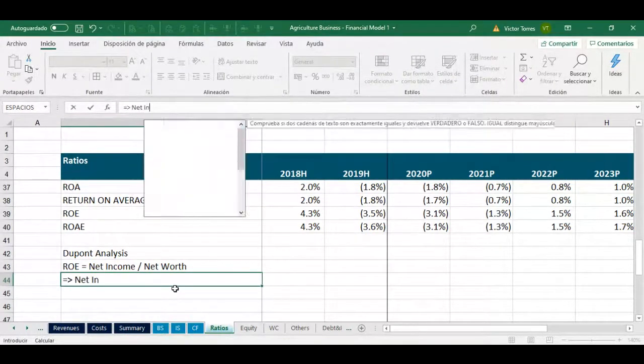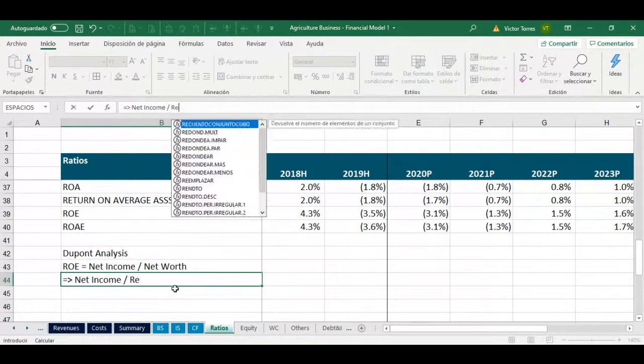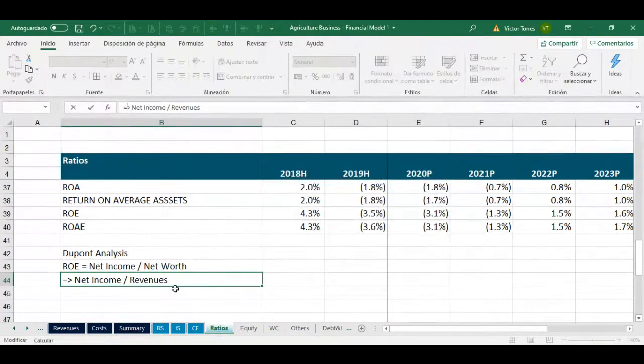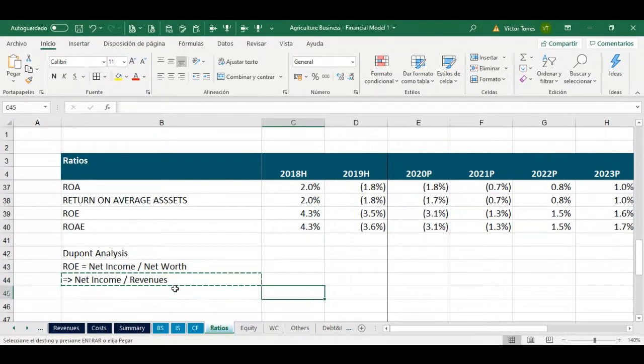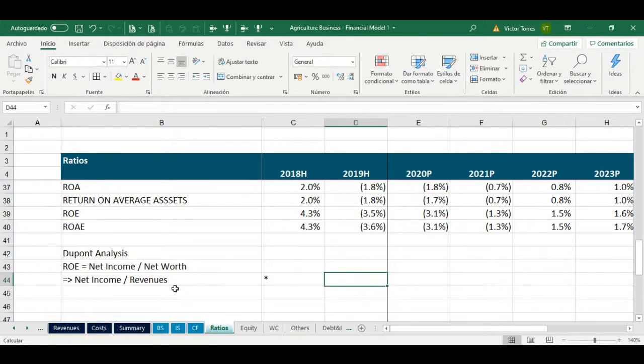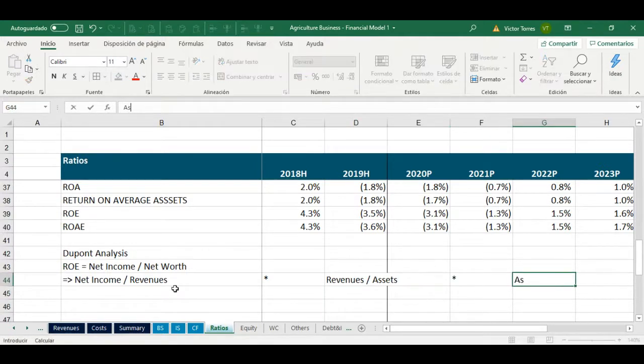You're going to have net income divided by revenues or sales. That's the first ratio, and that's going to be multiplied by another ratio, in this case revenues divided by total assets. That is also going to be multiplied by another ratio, which is assets divided by net worth.